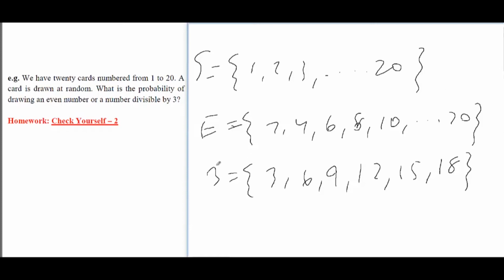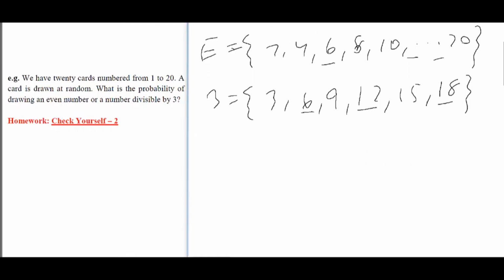As we see, between the even numbers and the set of numbers divisible by 3, or multiples of 3, there are common elements which are 6, 12, and 18. These 3 elements are common between the even set and the multiples of 3. So in this case we should use the other formula.